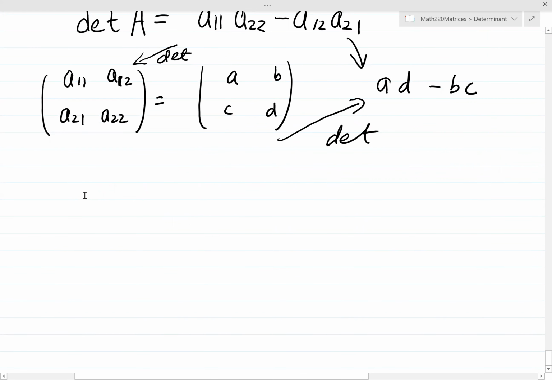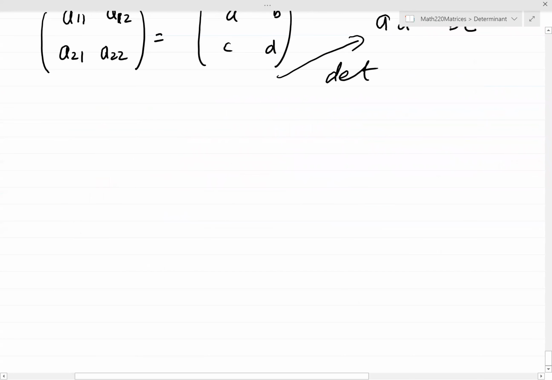Now, in general, if we expand, how many permutations do we have? We actually have n factorial permutations.